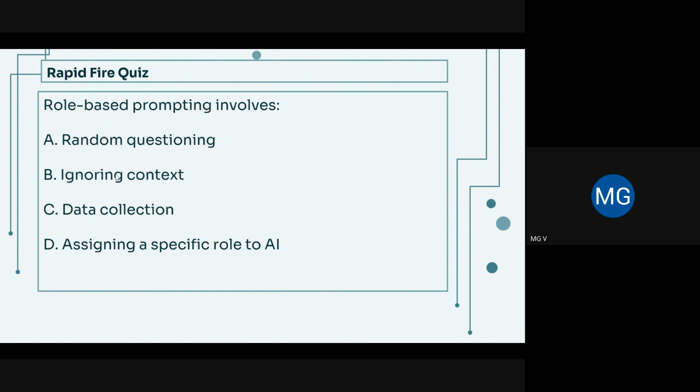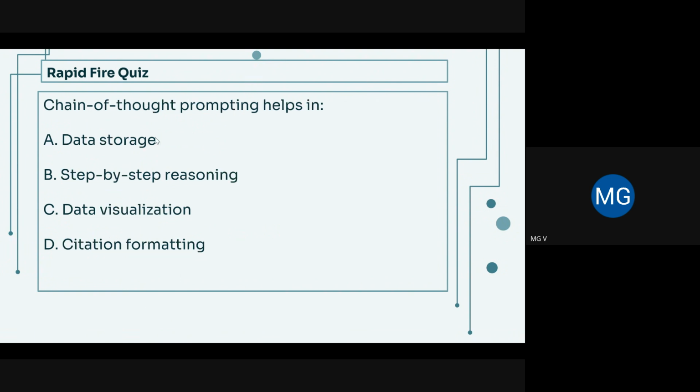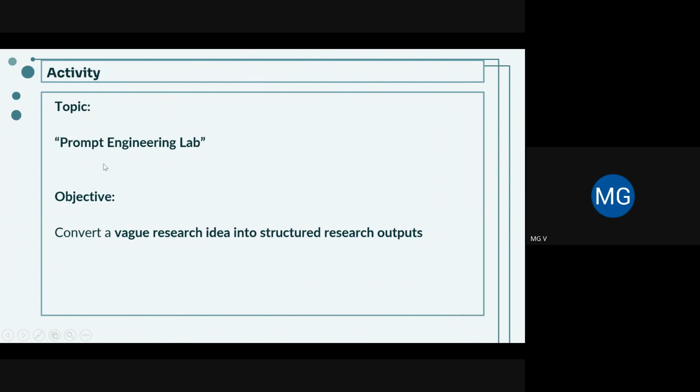It is assigning a specific role to AI. So I really appreciate your response. Chain of thought prompting helps in, chain of thought. Chain means, yes, chain of thought. Right, sir, again, step by step reasoning. The answer lies in the question itself. Now, activity time. Prompt engineering lab.